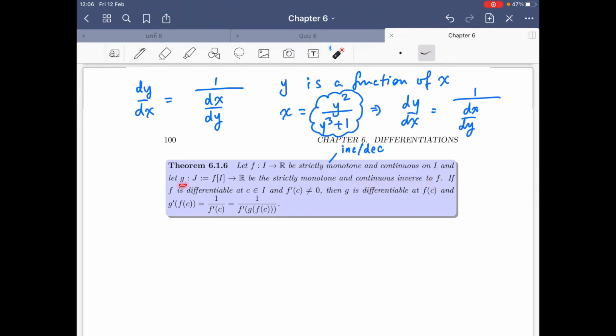So actually g is the inverse of the function f.